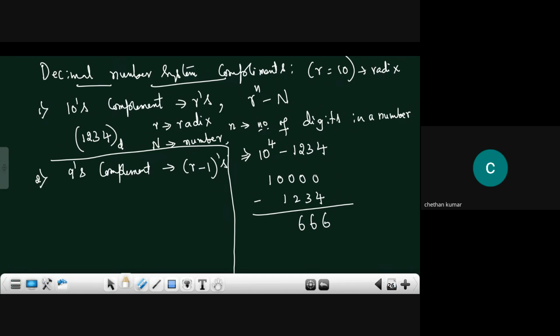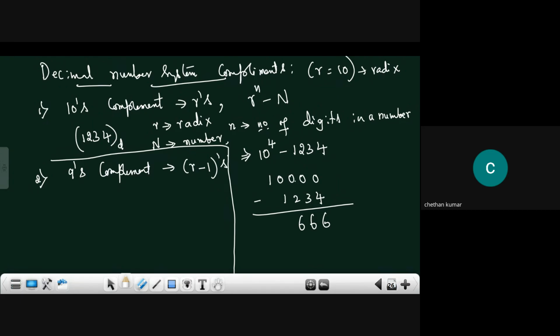If you borrow here, this becomes 10. From here, if you borrow, now this becomes 8, this becomes 9, this becomes 10. So now this is 9 minus 3, 6.